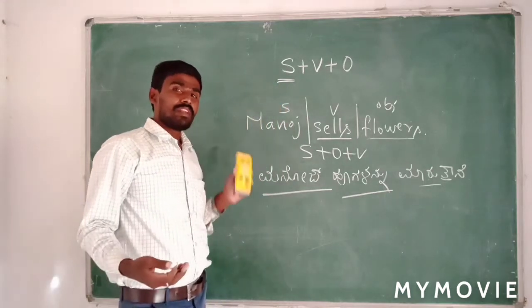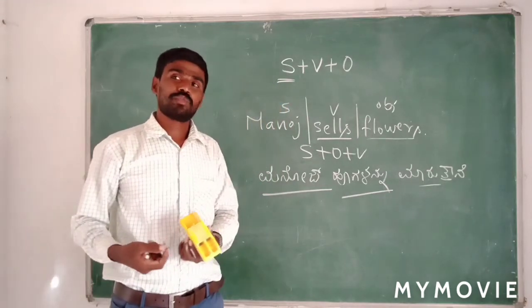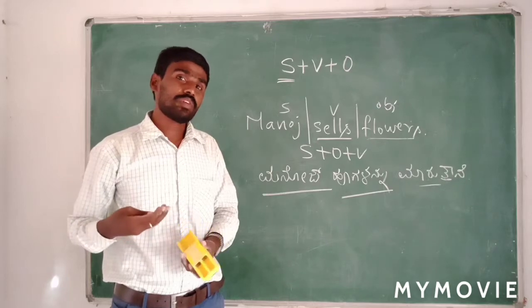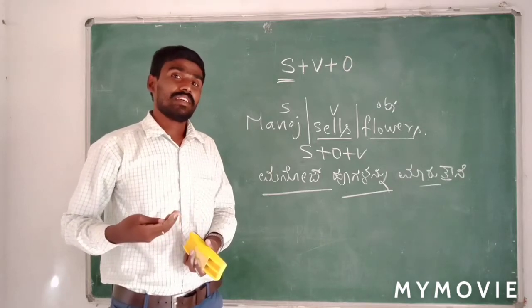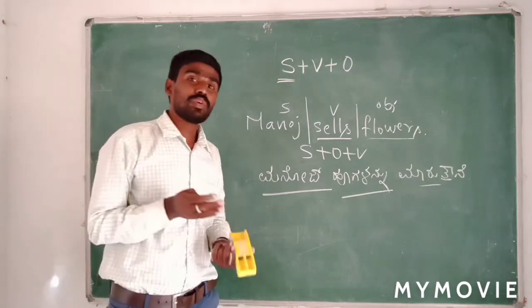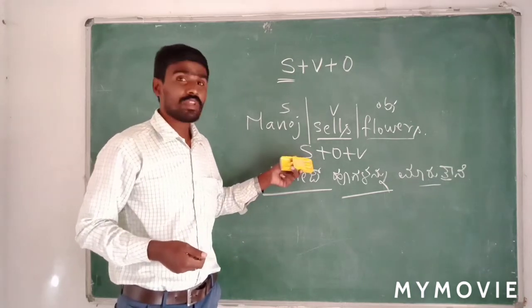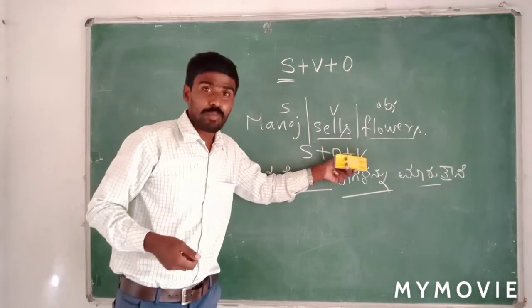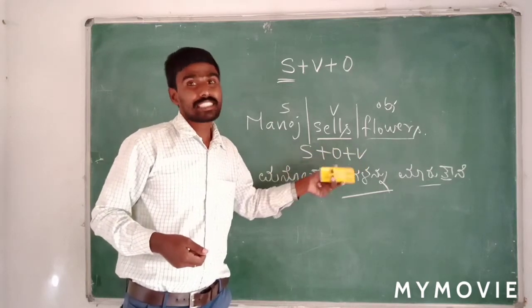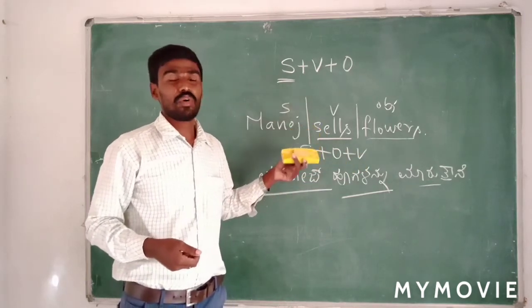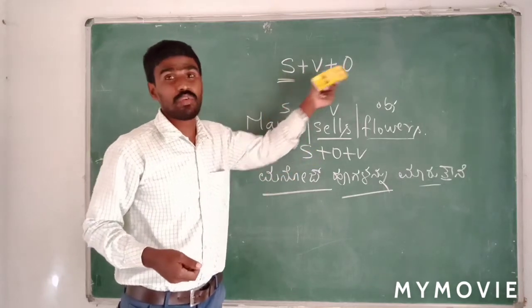So many people, while speaking, try to translate Kannada sentences into English. While translating, they use subject, object and verb when they try to translate this in English. No. In English we have the SVO pattern.